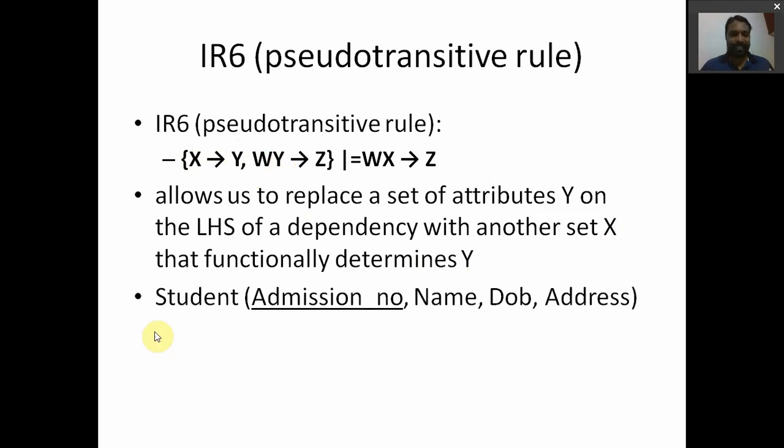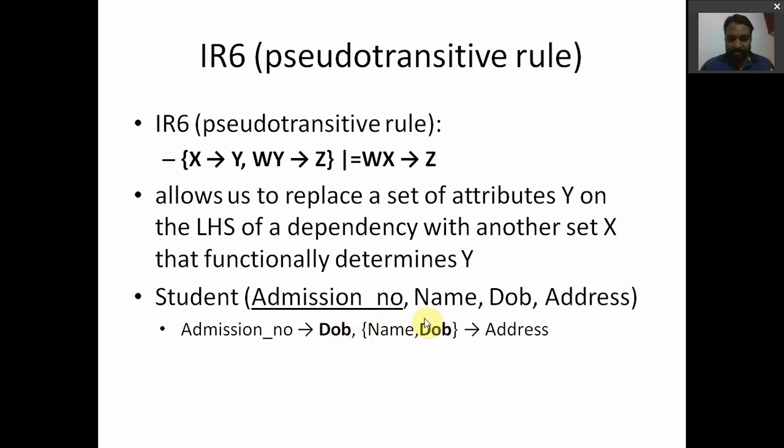We'll see an example. We have a functional dependency in a student relation: admission number, name, date of birth, and address. We have admission number to date of birth. Then another functional dependency is name, date of birth to address.